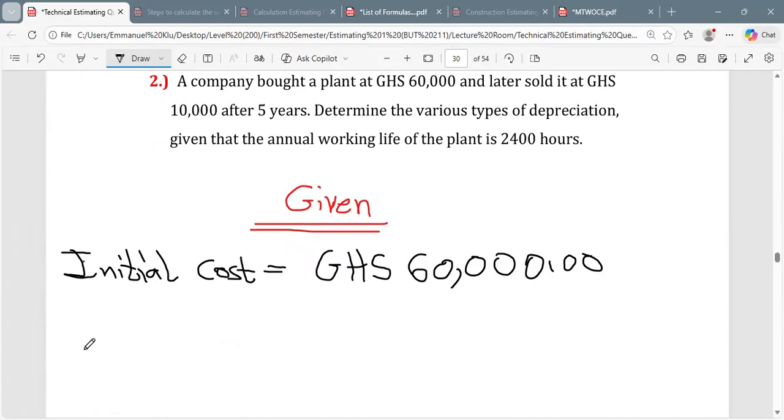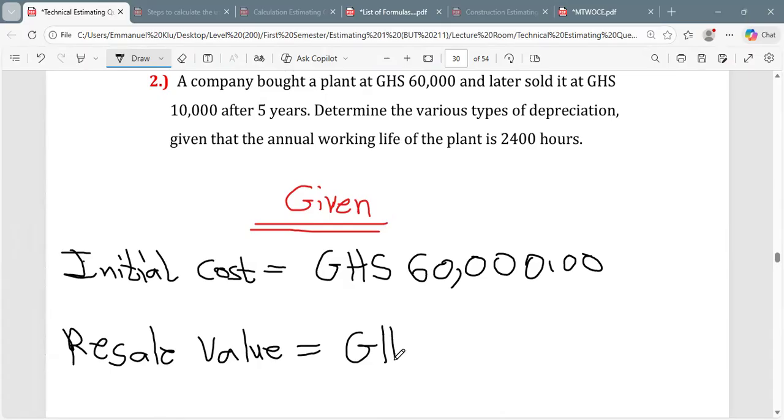And then the resale value is equal to the amount the person sold the plant at, let's say, 10,000.